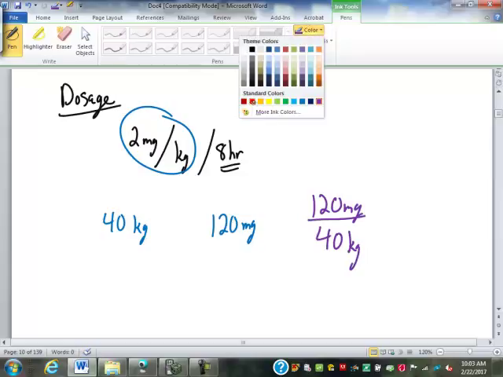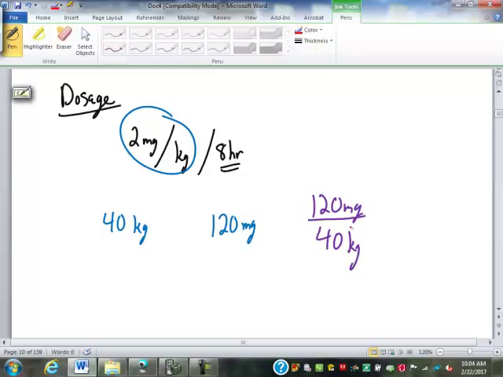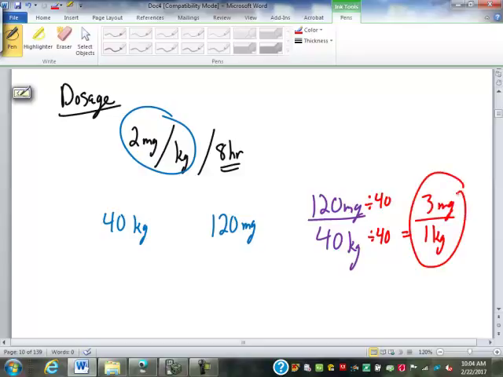And again, we turn it into a unit rate. This is not a ratio because they're different units, so it is a rate. We turn it into a unit rate by dividing by 40. It gives us 1 kilogram on bottom. 120 divided by 40 is 3 in milligrams. So that rate is 3 milligrams per kilogram is what that patient is receiving.